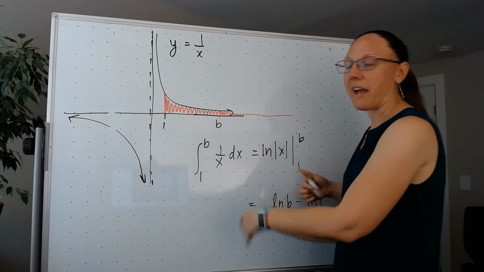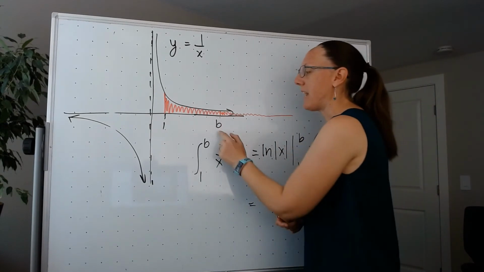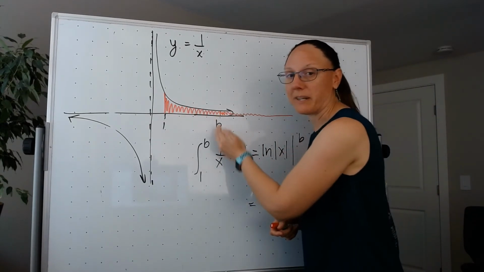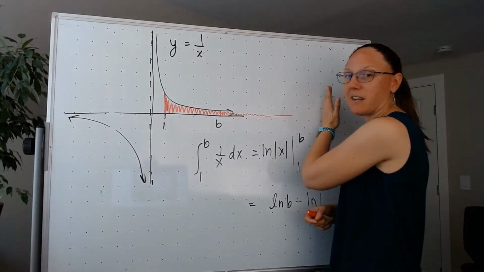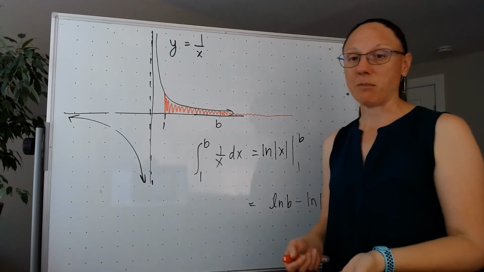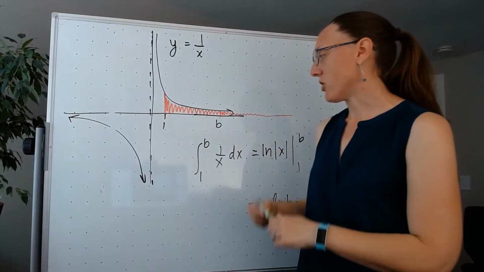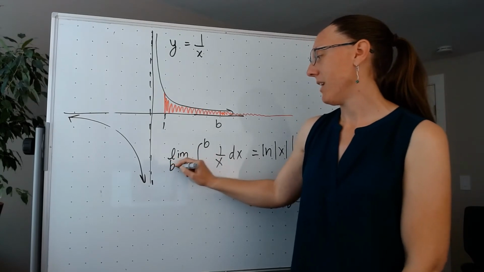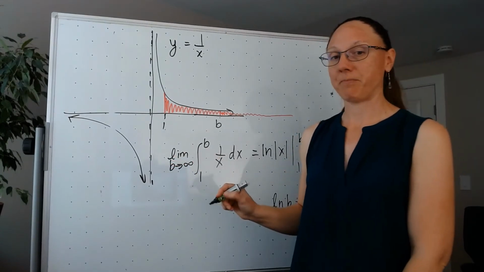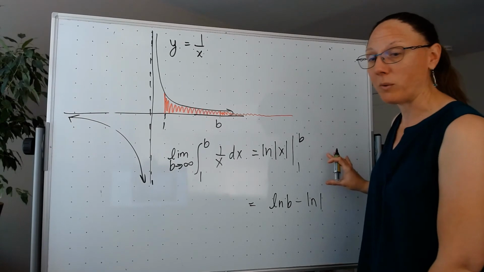And the way that we do that is I think about taking that b, wherever the edge of my definite integral was, and pushing b out towards infinity. In 17b, we established a method for doing that, and that is to take the limit as b approaches infinity. Nothing changes about what we did.